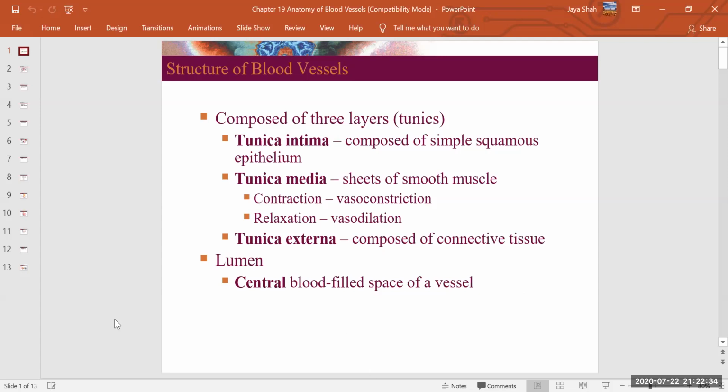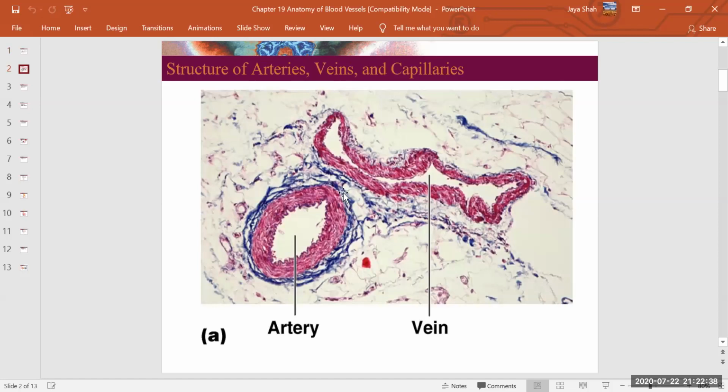So let's see in the diagram. If you see here outside, let me write down. So this outermost area, the blue one, is called tunica externa, which is made up of connective tissue.